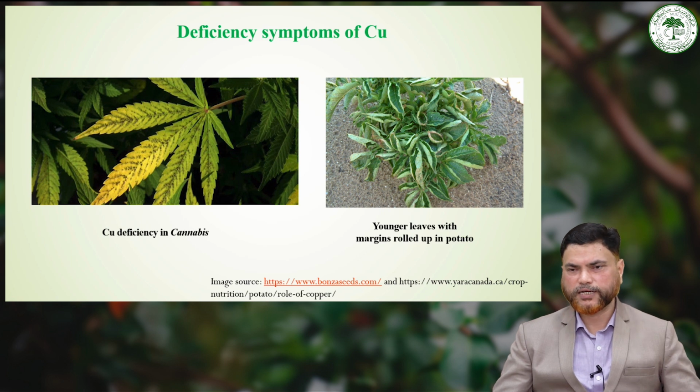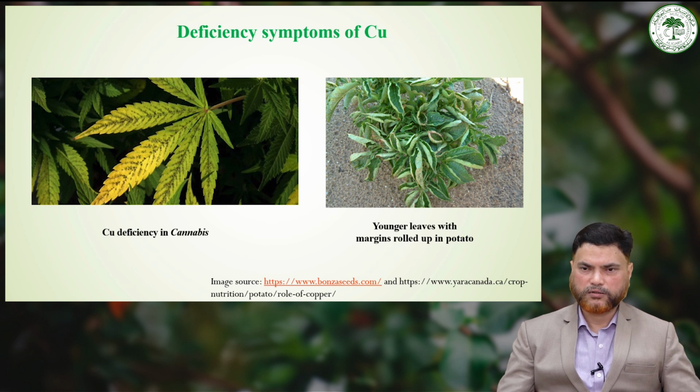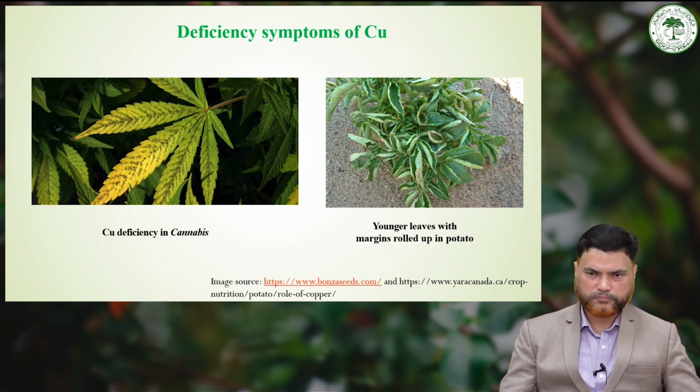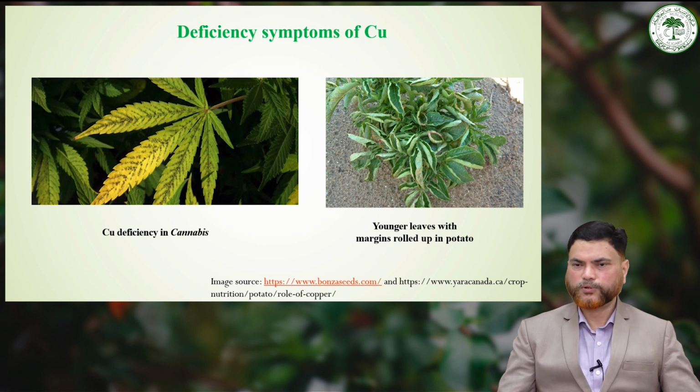Copper deficiency can also occur in soils rich in organic matter, and generally in such soil copper is bound to organic substances, therefore not available to the plants. High nitrogen availability can exacerbate copper deficiency in plants or could trigger the copper deficiency in the plant.